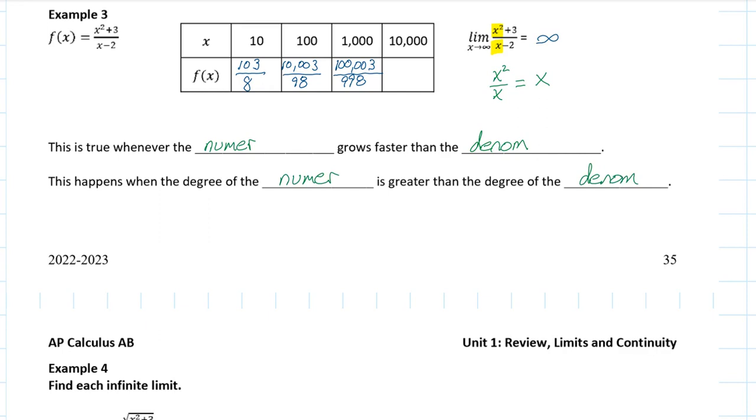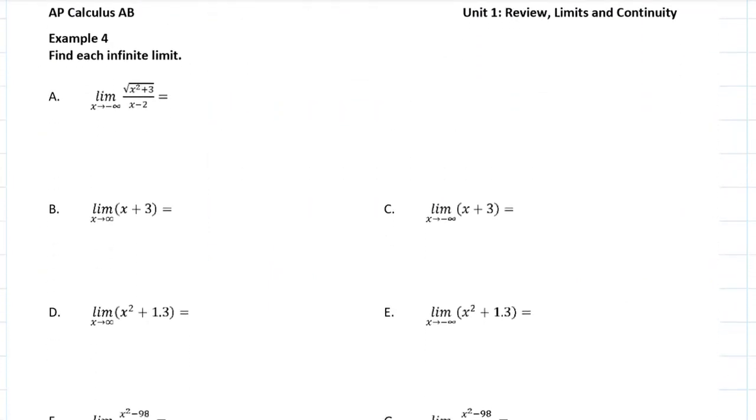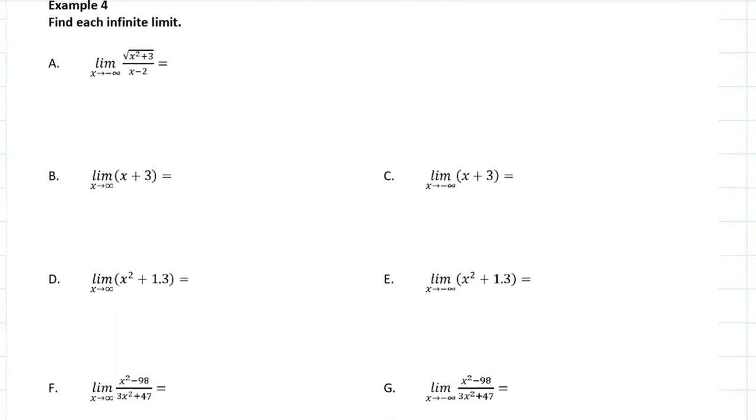Okay, so now let's take a look at some of these using those rules. Letter A. The limit as x goes to negative infinity. Look at the lead two terms here.